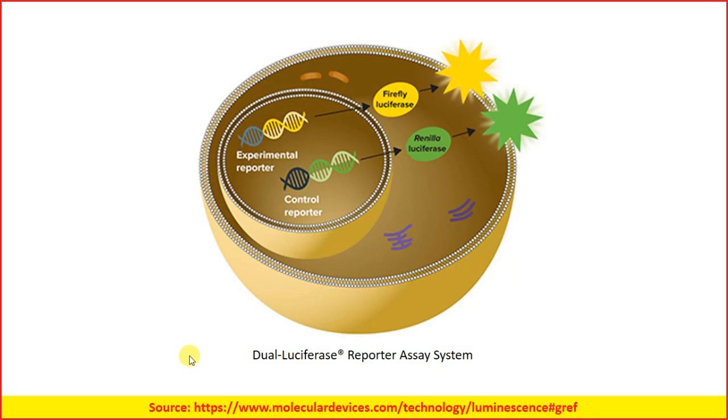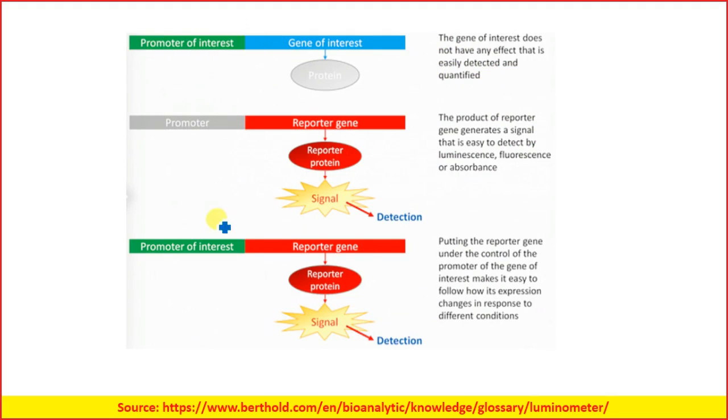Then there was some problem with these single reporter gene assays, where we have only one promoter of interest and one reporter gene. There were some issues because you don't know what the attenuation of the signal is.